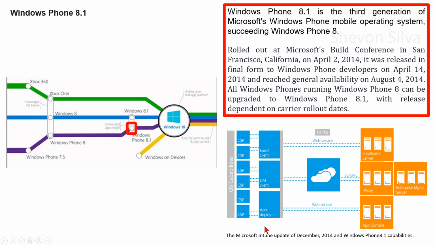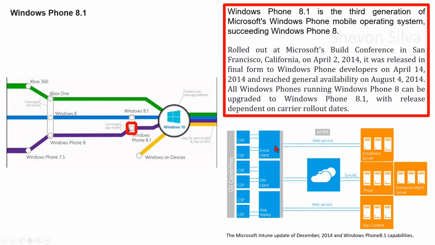In this diagram you can see OS capabilities here, and below next to that CSPs are here, and CSPs are connected to enrollment and DM client and app deploy, and then HTTPS here.